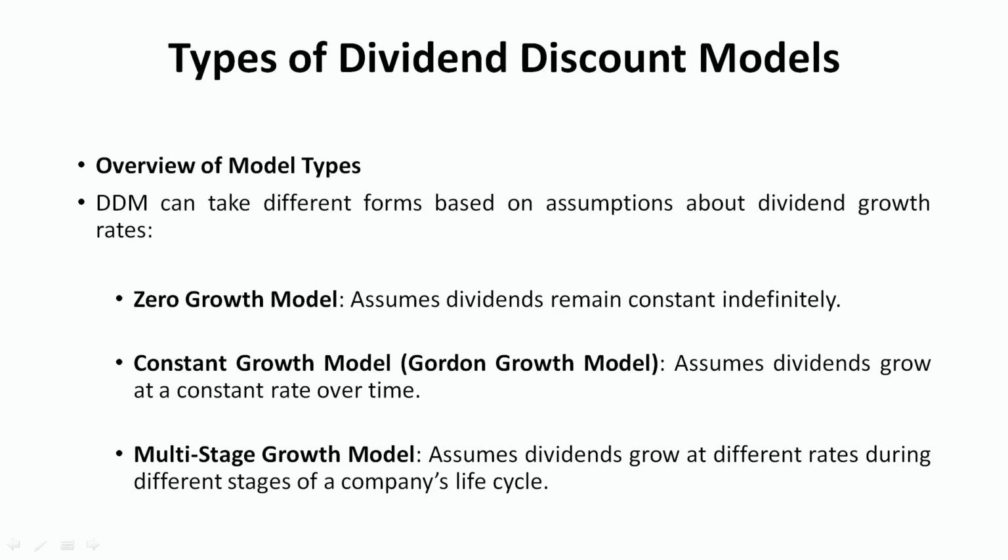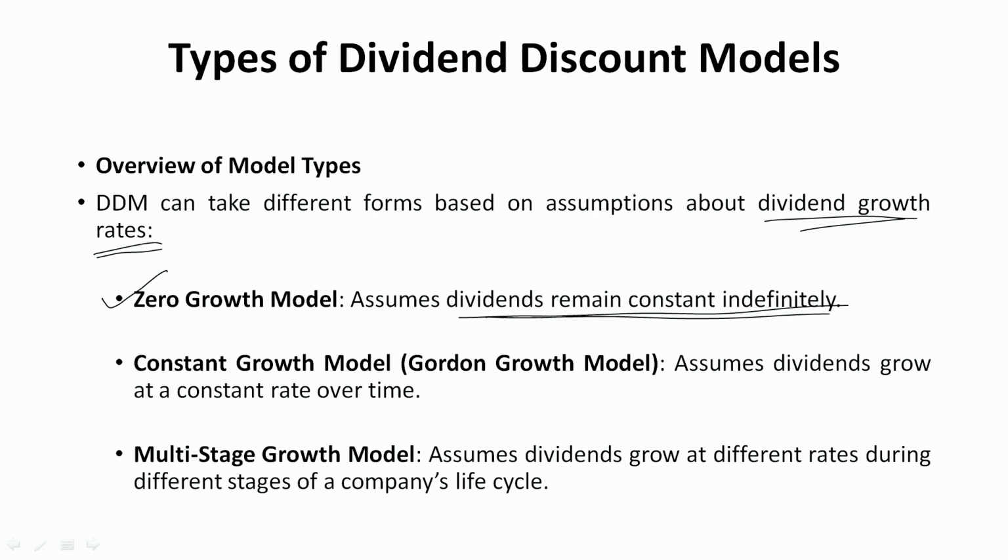What are the different types of dividend discount model? The assumption of the dividend discount model is that we are trying to say that there is a dividend growth rate, okay, and with this as the basic assumption, you have two basic models. One is a zero growth model. In the zero growth model, the dividend is going to remain constant indefinitely.